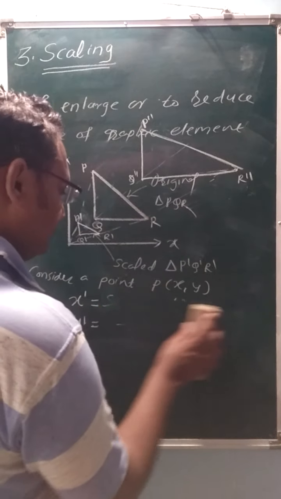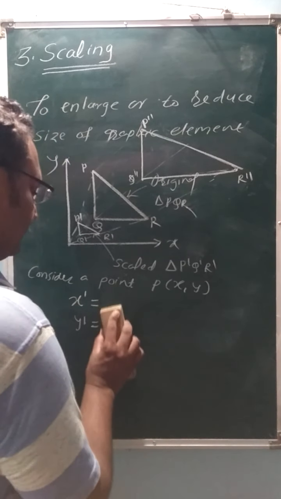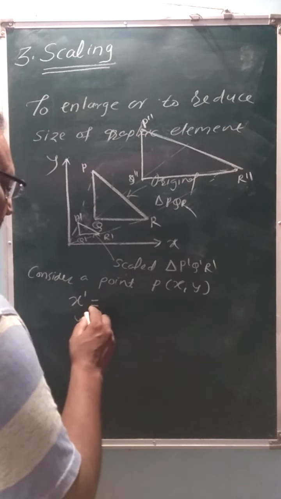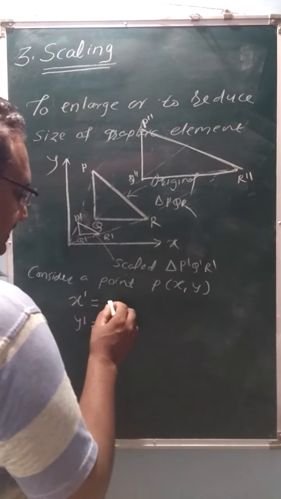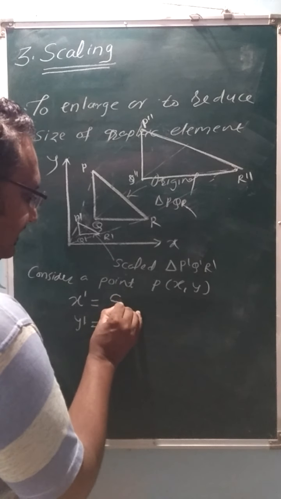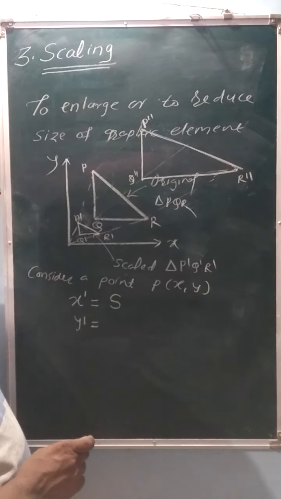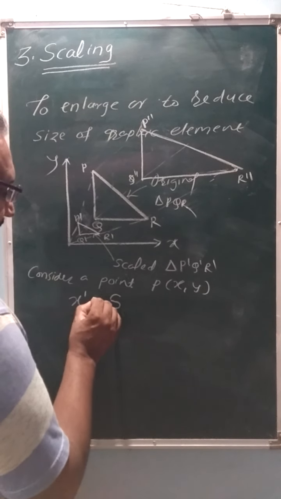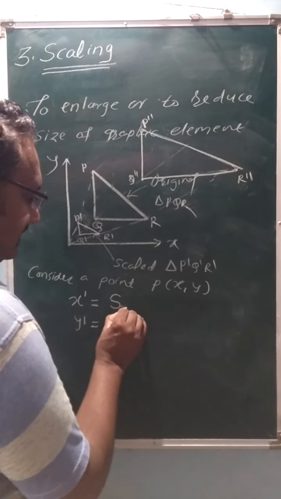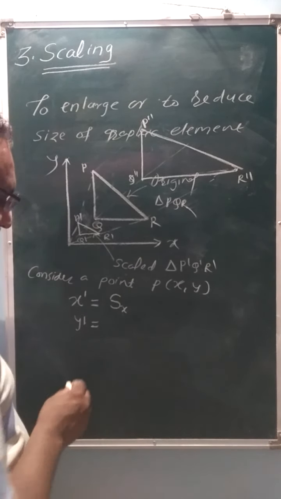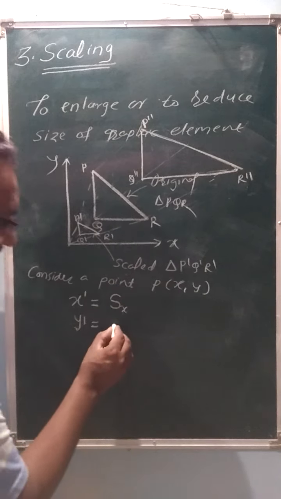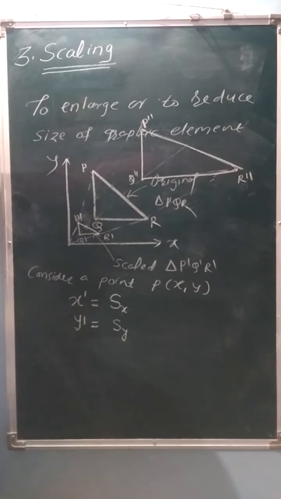In this case, we are enlarging or reducing this geometric entity about the x and y axis. So a scaling factor has to be taken into account. This scaling factor is denoted by the letter S. If you are scaling about the x-axis, this factor will be Sx. Similarly, about the y-axis, Sy is the scaling factor.